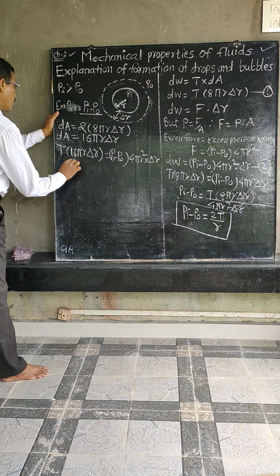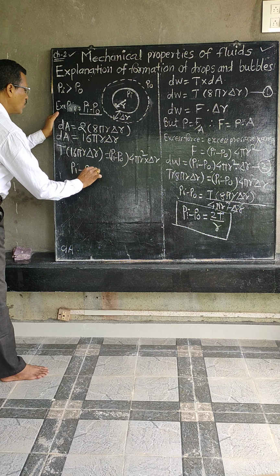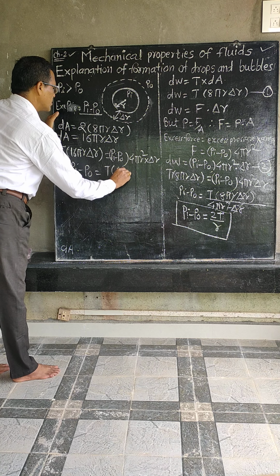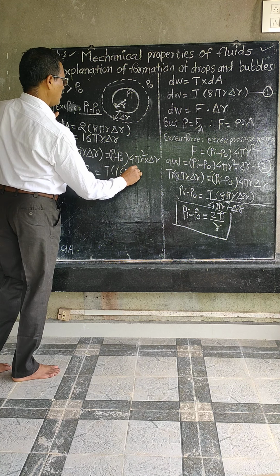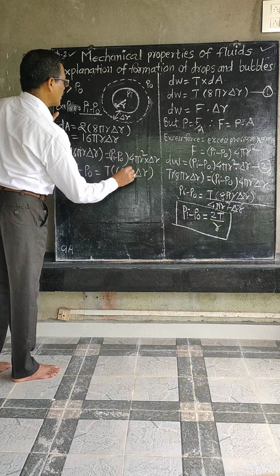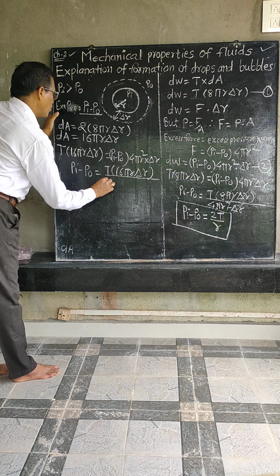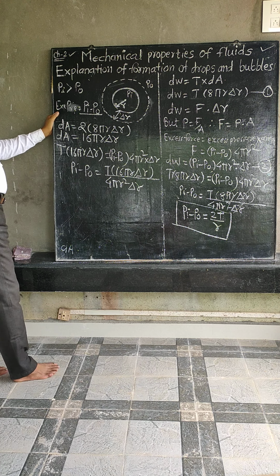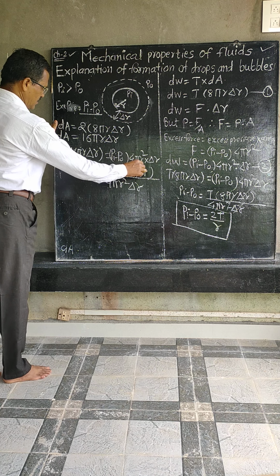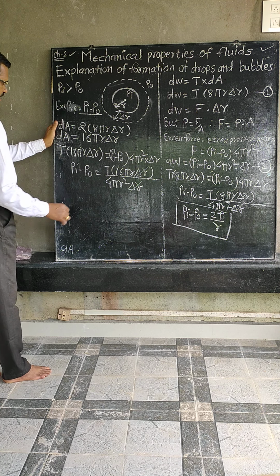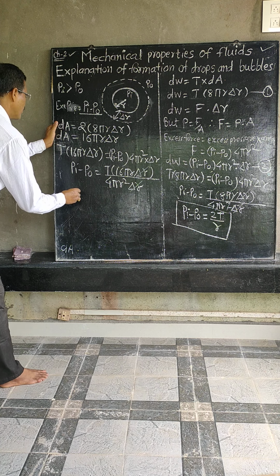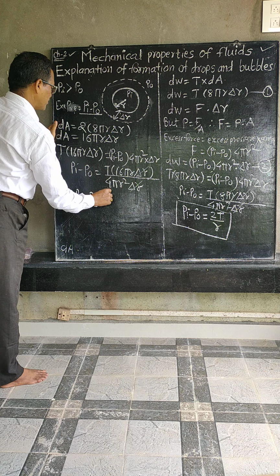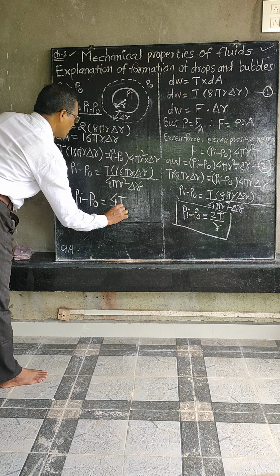And therefore, Pi minus Po becomes T into 16 pi r delta r divided by 4 pi r square delta r. Delta r cancels with delta r, and by cancelling these terms, we can write Pi minus Po is equal to 4T divided by r.